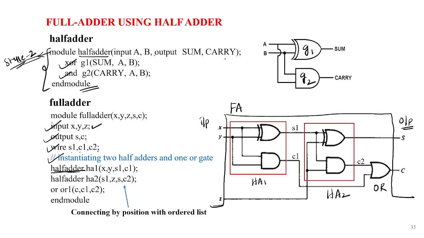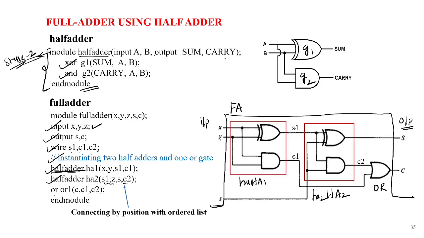So here the inputs are X comma Y and the outputs are S1 comma C1. This is my HA1. Similarly this is HA2, so HA2 also you need to instantiate: half adder HA2, the inputs are S1, C1 and the outputs are sum and C2.